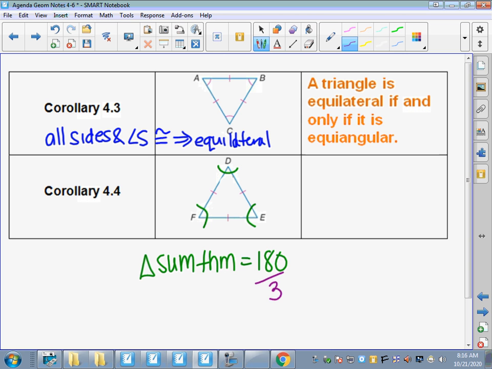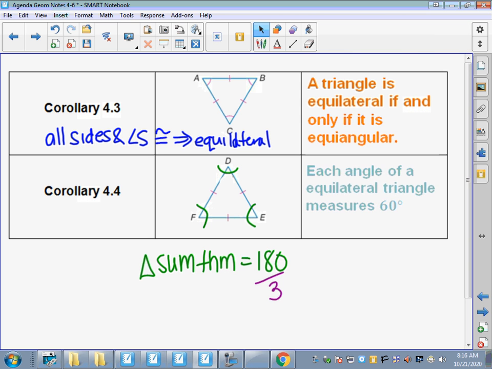So what does each angle have to be? 60 degrees. Each angle of an equilateral triangle is equal to 60 degrees. Because they have to be equal, we have to split that 180 equally in three.